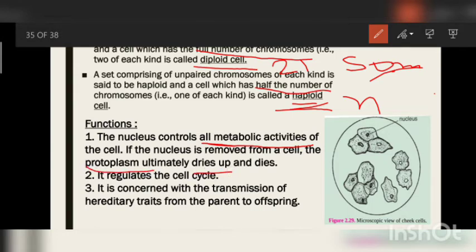It dries up and dies. Don't write directly that the cell will die. No, you have to write it: if the nucleus is removed, the protoplasm dries up. What is protoplasm? We studied in the first lecture also. Protoplasm means the living content of the cell. Now it dries and easily dies.